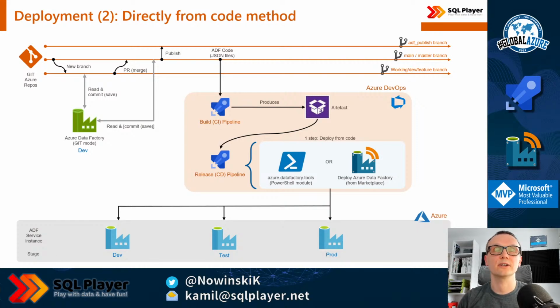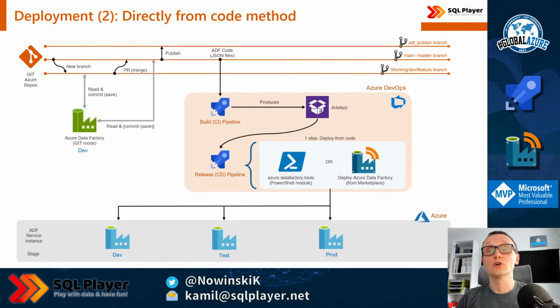So of course, in consequence, you will need another method of deploying. You can use Azure Data Factory PowerShell, or, for example, build your own code using the REST API and deploy all the objects one by one. But this is not a trivial task, to be honest.